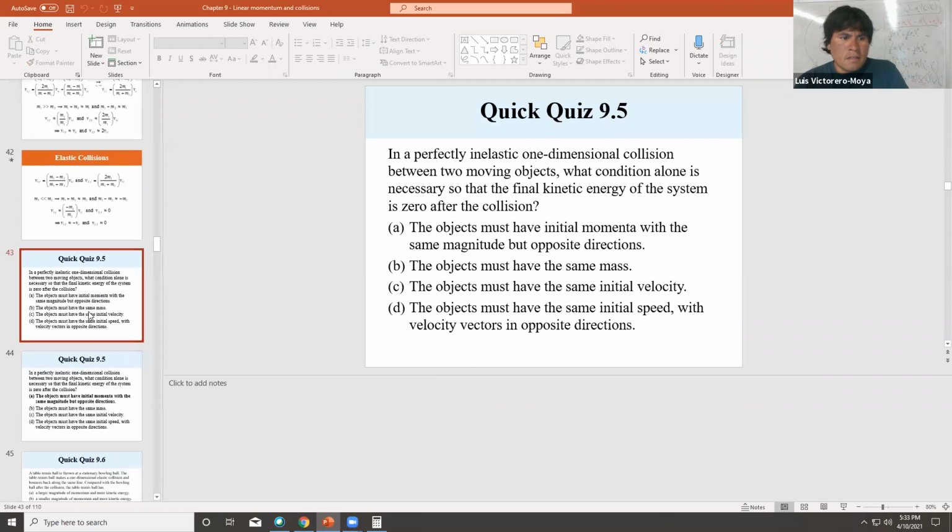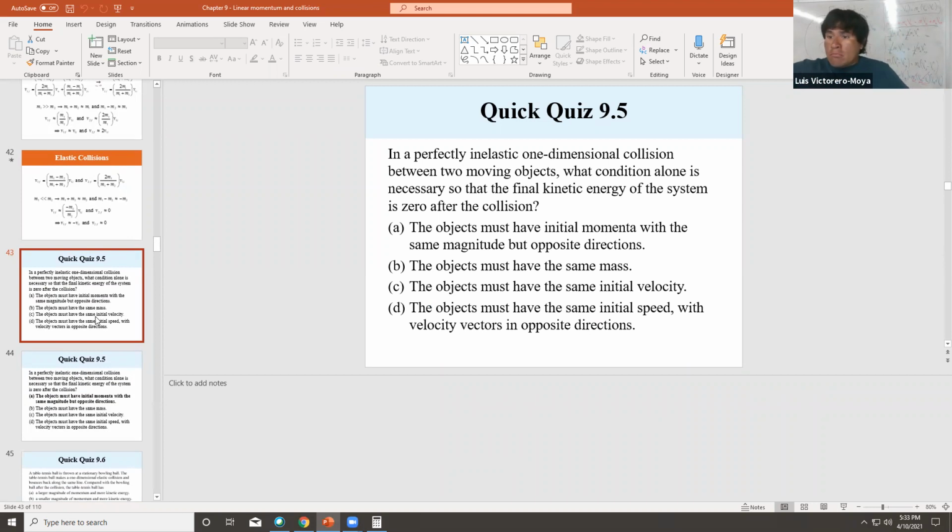All right, what's here? What condition will make it so that after objects stick together in a collision, the final kinetic energy is zero, so they don't move?